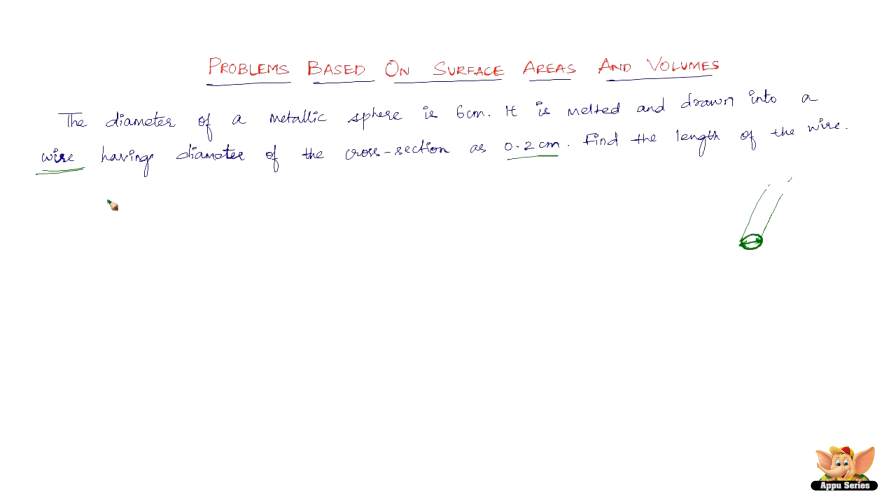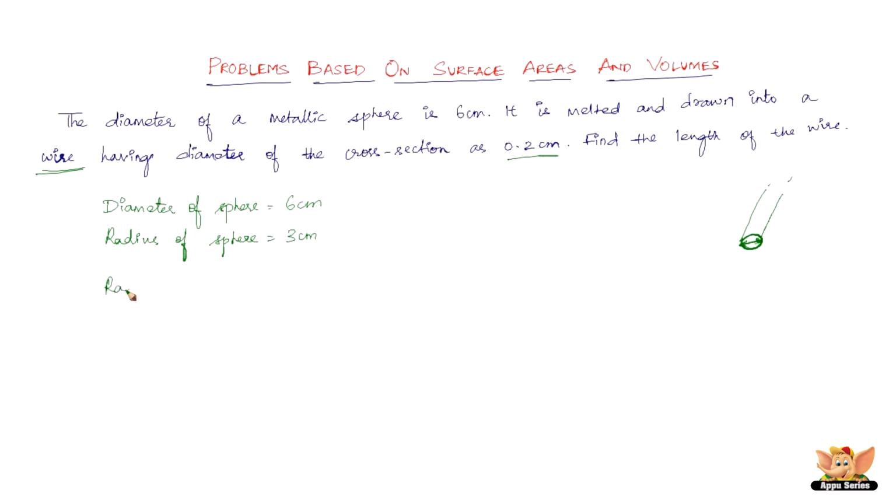Now the diameter of the sphere is given as 6 centimeters. So therefore the radius of the sphere is going to be half the diameter, right? So it's going to be 3 centimeters. We also have the diameter of the cross section of the cylindrical wire, that is 0.2 centimeter.